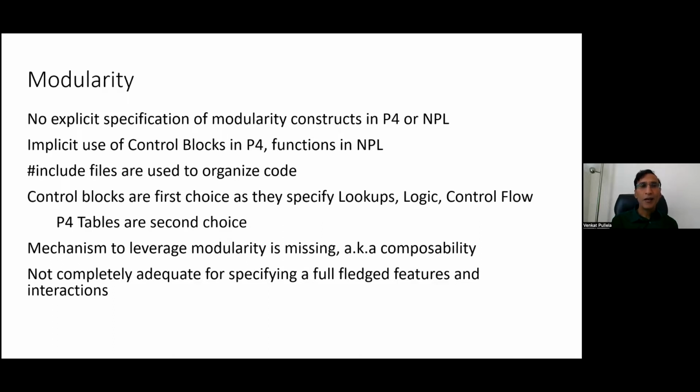And even though you have modularity somehow, what is missing is something called composability, and we'll talk a little bit about it later, right? And then I somehow feel that some of this modularity is not adequate. Even now, I think it is okay. But I'm seeing programs that are growing into tens of thousands of lines, right?